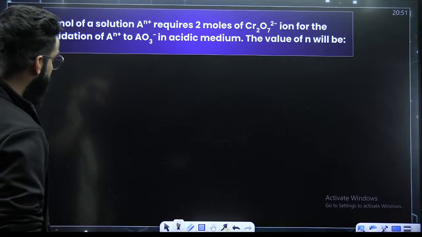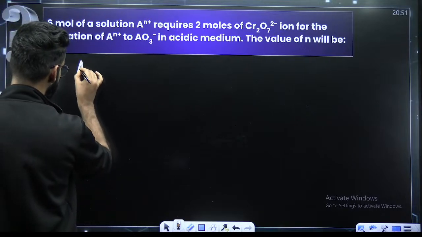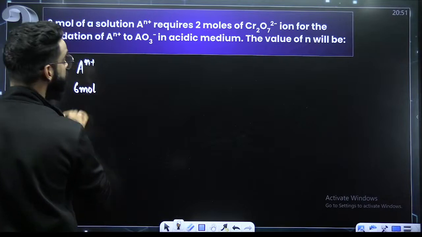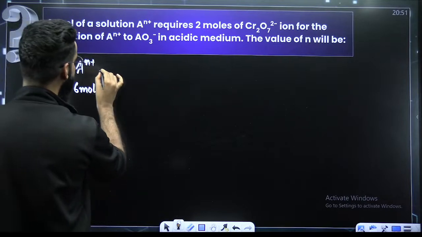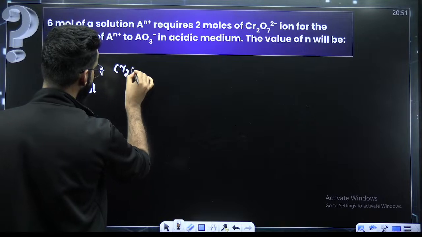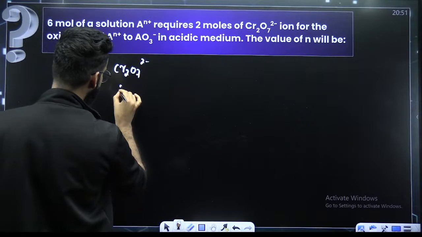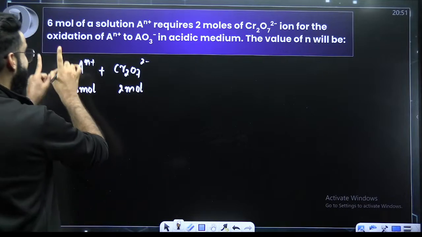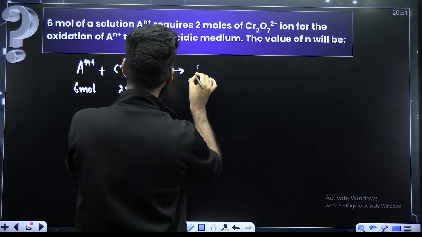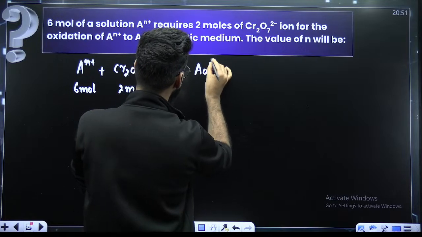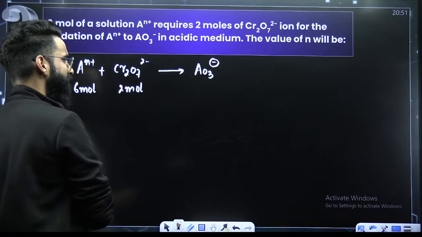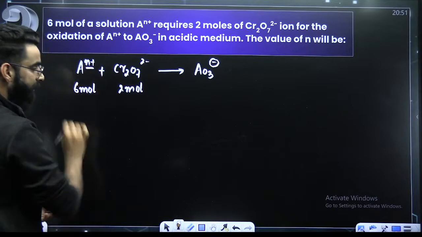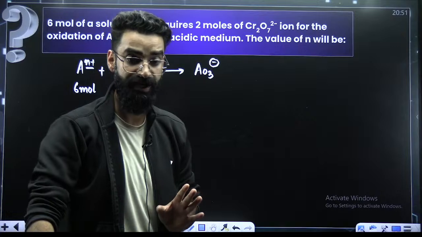The question is: 6 moles of A n+ requires 2 moles of Cr2O7 2- for the oxidation of A n+ into AO3 negative in acidic medium. You have to get the value of n, the charge present on A.